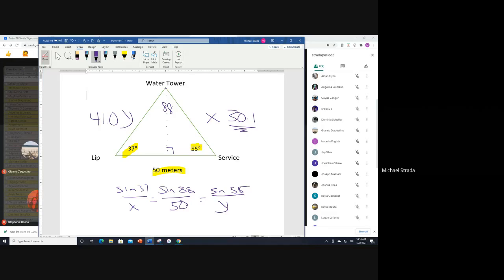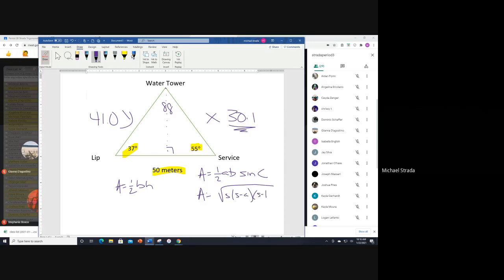All right. Now, to get at this, this is what I would suggest you do. To me, this is the easiest way to do it. To get the area of a triangle, area is 1/2 base times height. Well, we got the base, which is 50. We got the height. Well, you have two different ways to get area now using sine and cosine. Either area equals 1/2 AB sine of C, or Heron's formula, which is area equals the square root of S times S minus A, S minus B, S minus C, where S is the perimeter divided by 2.